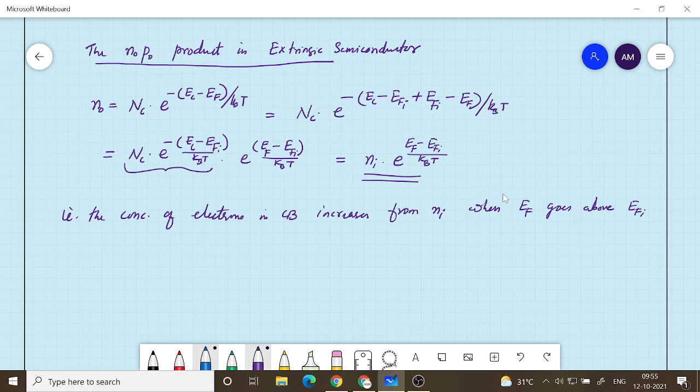But if EF is shifting above EFI, note that EF is basically an imaginary energy level. It is not a real energy level where an electron can sit. It is a fictitious, conceptual energy level where we say that the Fermi-Dirac distribution probability is equal to half.